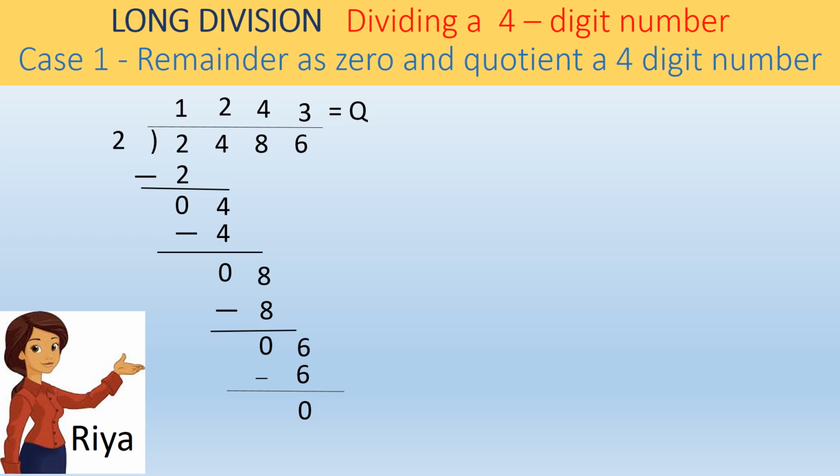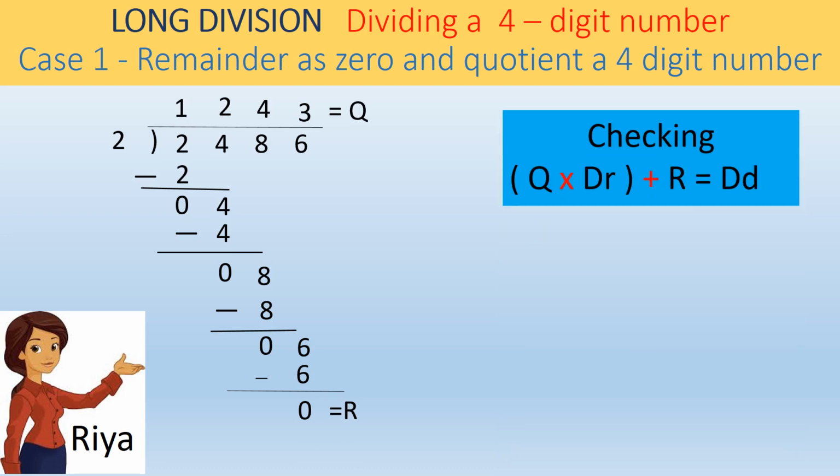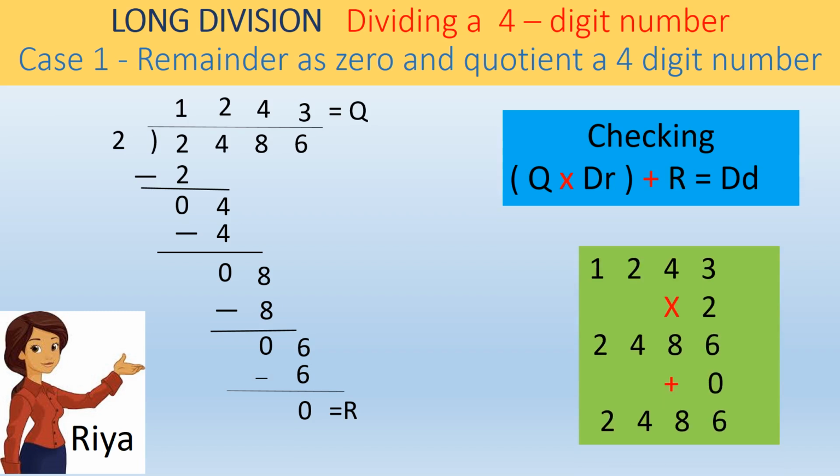So 1243 is the quotient and 0 is the remainder. Now, how to check your answer? Quotient into divisor plus remainder is dividend. Now you have to multiply 1243 by 2. You will get 2 3's are 6, 4 2's are 8, 2 2's are 4, 1 2's are 2.